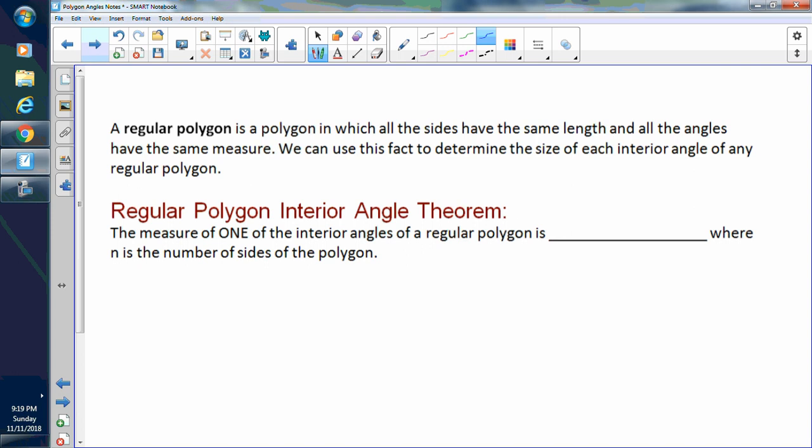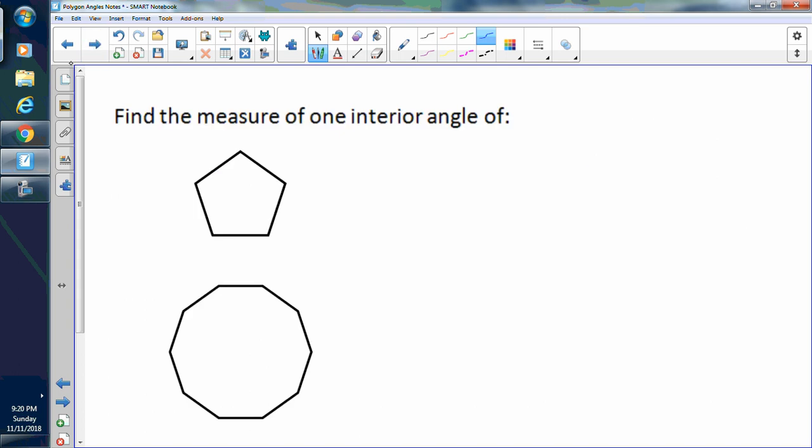So the measure of one of the interior angles of a regular polygon is, if n is the number of sides, the total of all the angles is n minus 2 times 180. Since all the angles are the same, we divide by n, and that's going to tell us the size of one of the angles. So we take the total of all the angles, n minus 2 times 180, and divide it by how many angles there are.